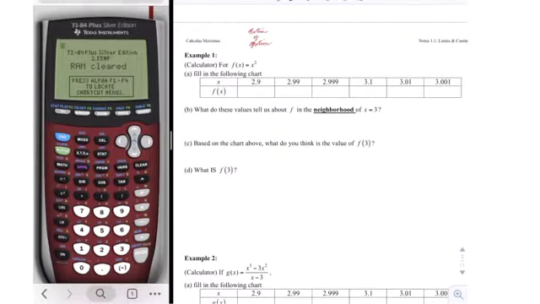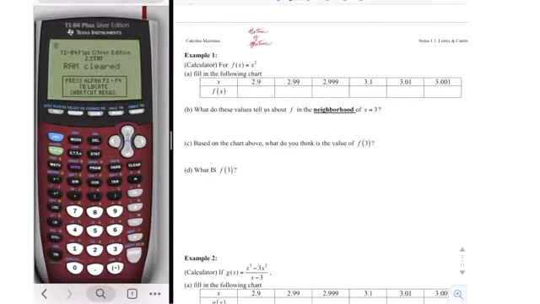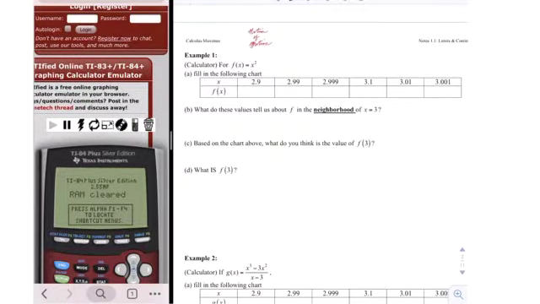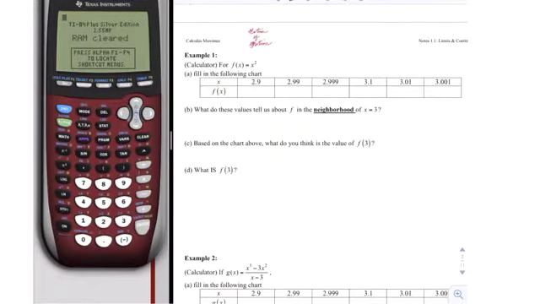And this kind of goes back to our calculus etiquette, our calculus skills. The first thing you want to do is turn your calculator on. Did you turn it on? Okay, good. Now, because we're going to be evaluating a function repeatedly, it would be beneficial to put it in y1. So let's go to y1 and type in x squared. Now don't hit graph because we're not concerned with the graph right now.